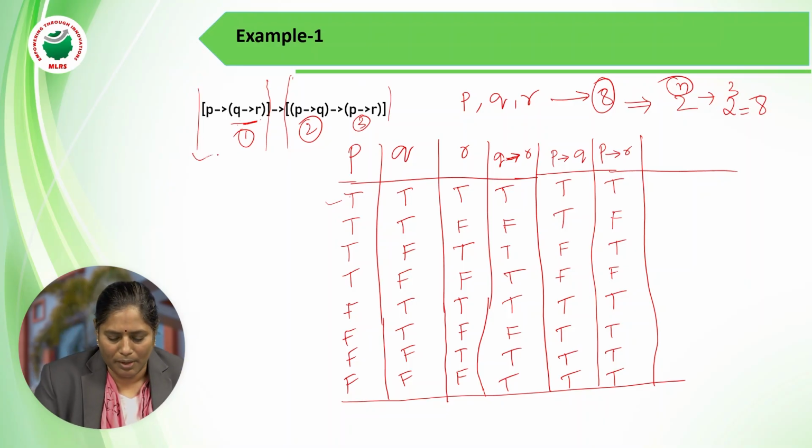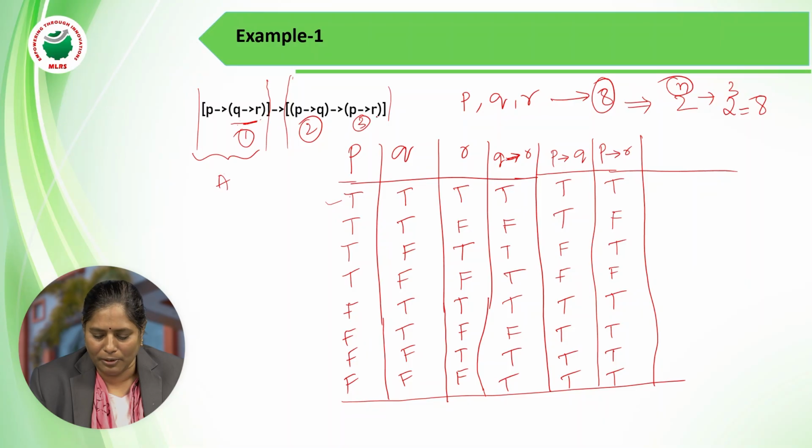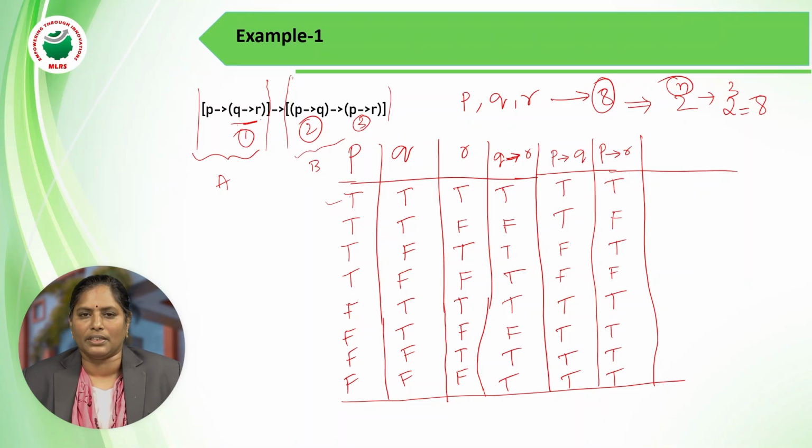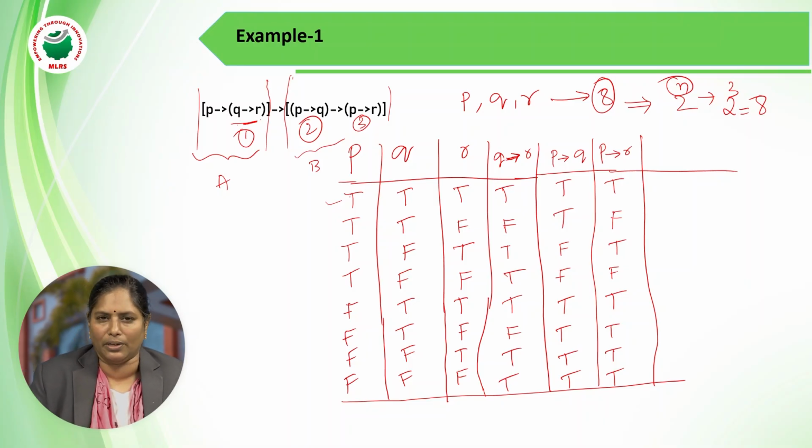First one I am treating as statement A, and the second as statement B. The statement contains all implication connectives, so no need to get confused, convert the statement into subparts. So I am converting the statement into subparts.